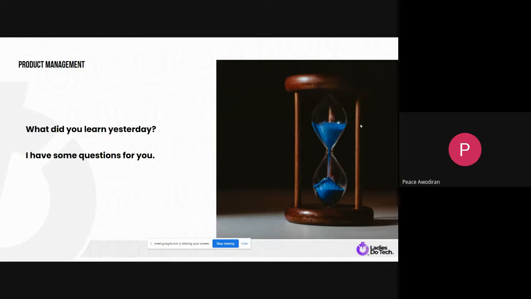You document everything that concerns the product, throughout the product life cycle. I kind of think of it like a journal for the product. I know it's more than that, but that's how I like to think about it.